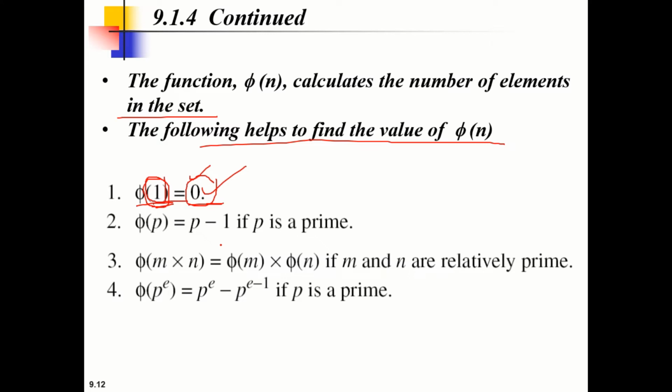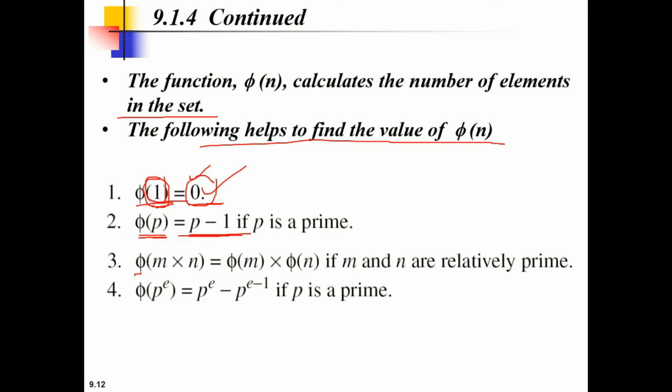Now the second rule says phi p, if p is a prime, how many elements will we have in the set? That will be p minus 1. This might sound confusing right now. I'll show you the example, and it will become clearer at that time. So the second rule says that phi p, where p is a prime, will give you p minus 1.